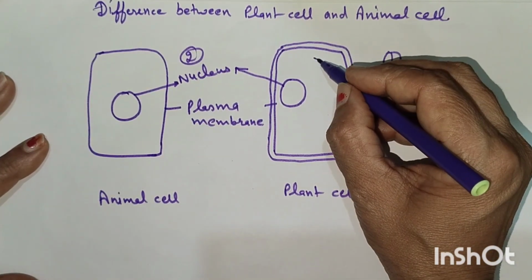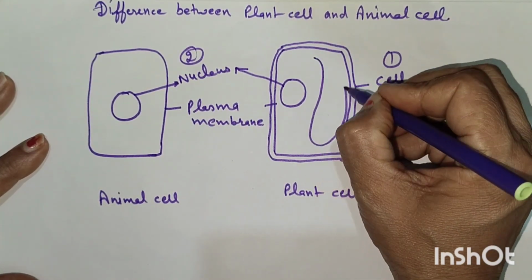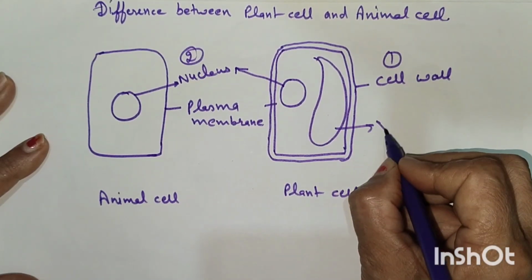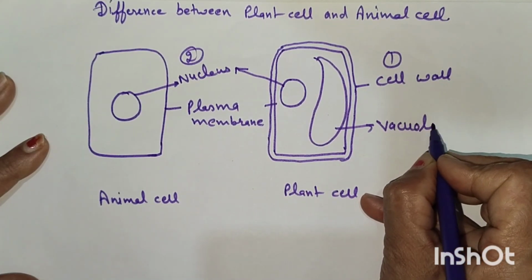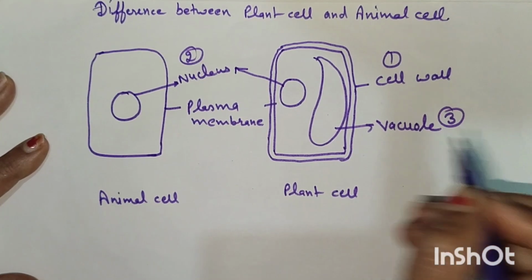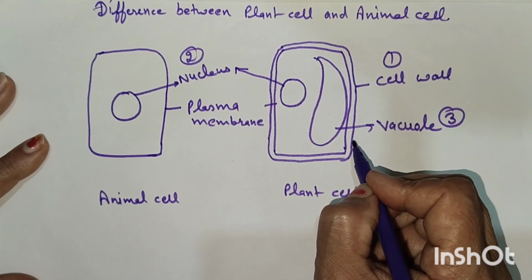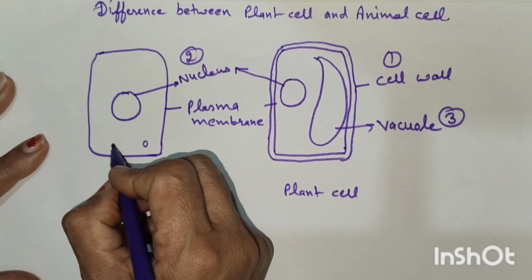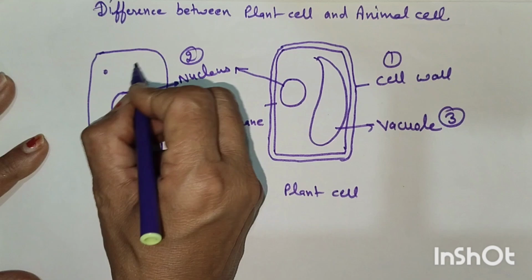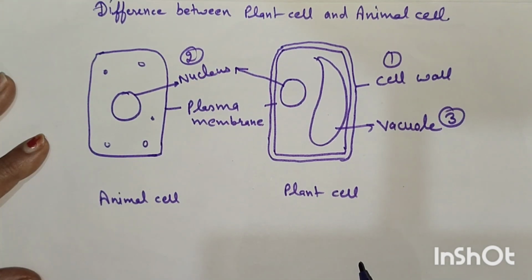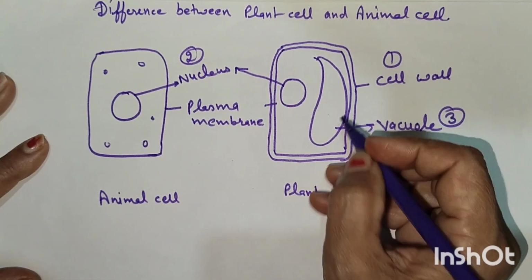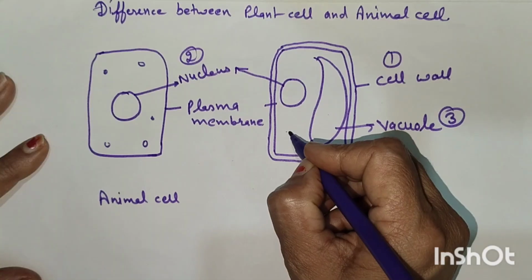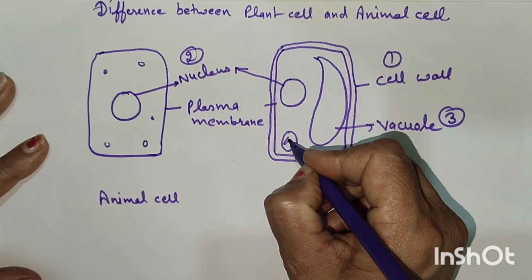In the plant cell, there is a large vacuole. Third difference is, in the plant cell, there is a large vacuole, but in animal cell, vacuoles are small or absent.